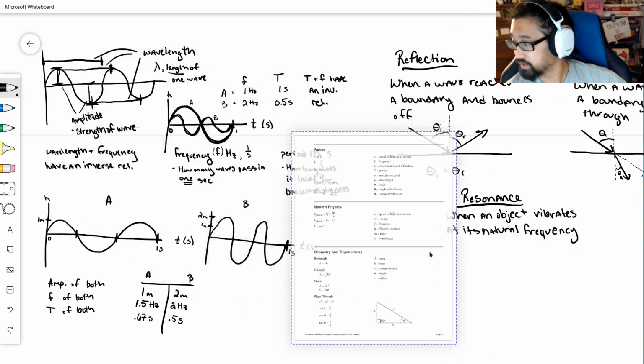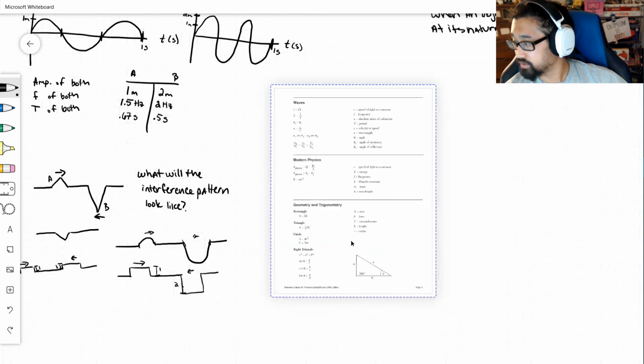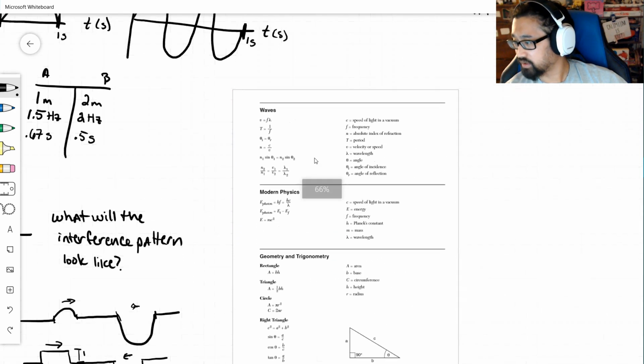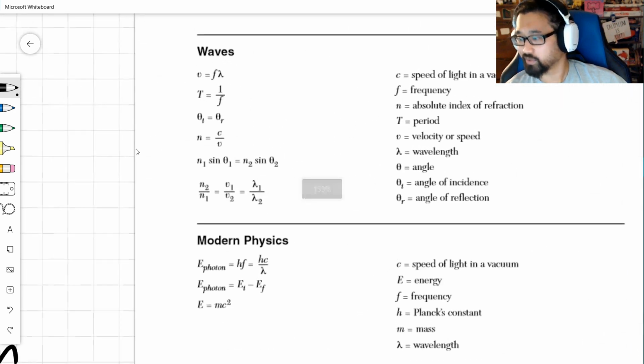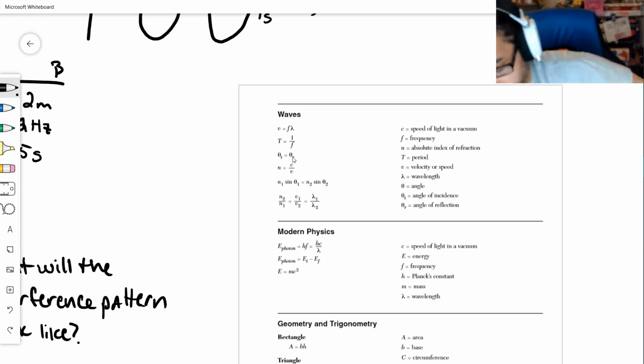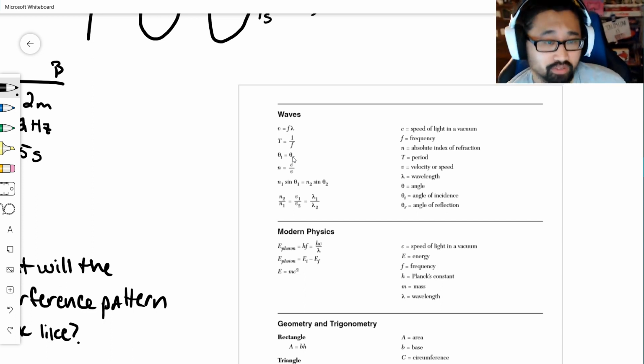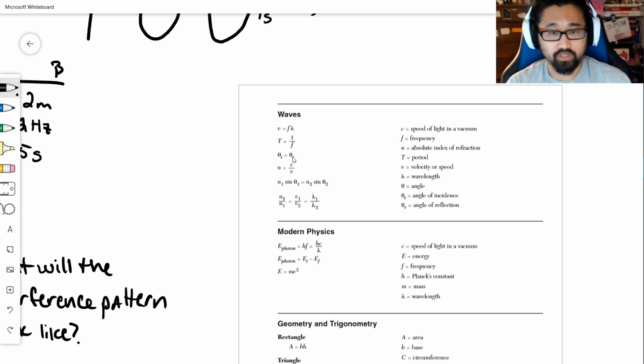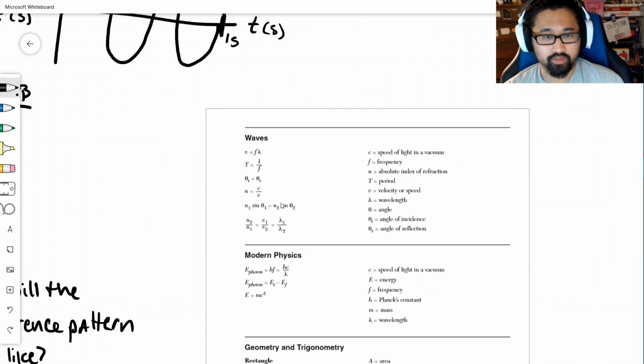Now, you should notice that there are far fewer equations here in the wave section, because it is mostly conceptual. It's mostly understanding relationships, understanding visuals, what would happen if type stuff. But there are some things that are strictly number questions, so I'll go through a few of these.